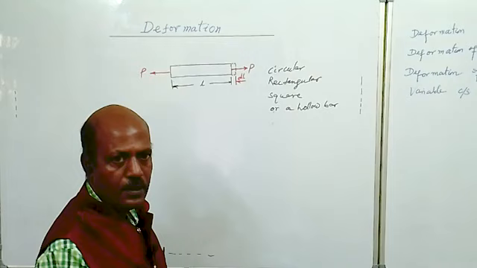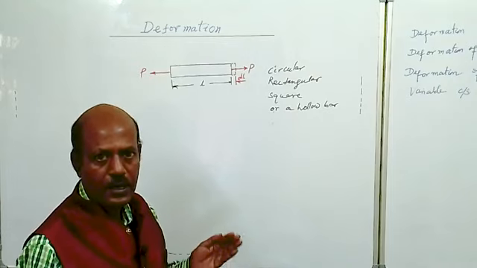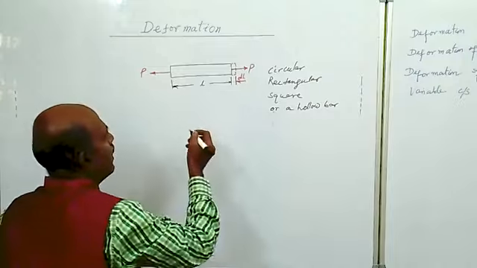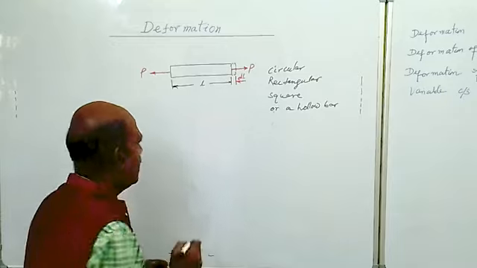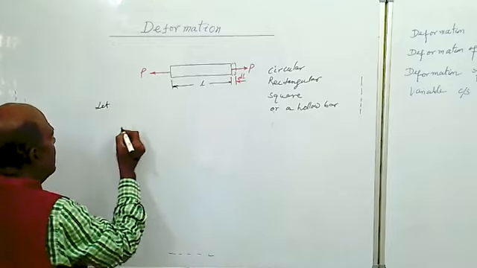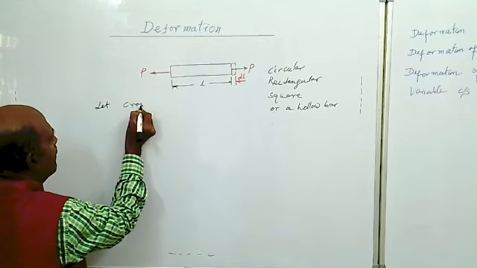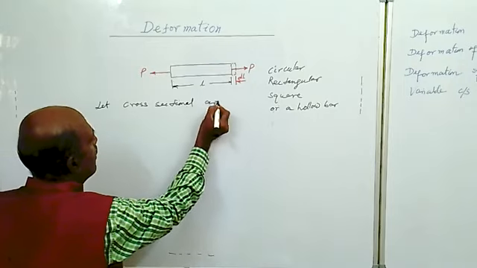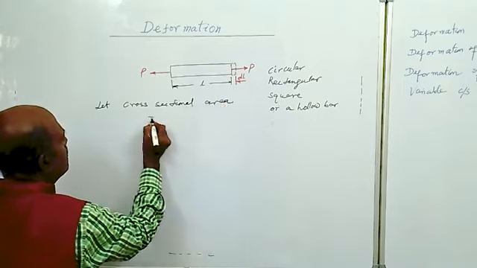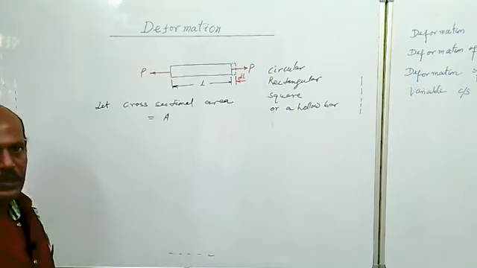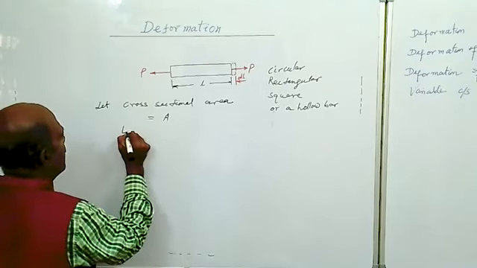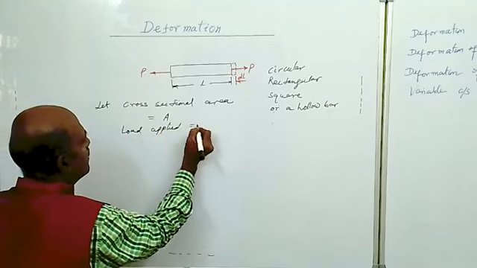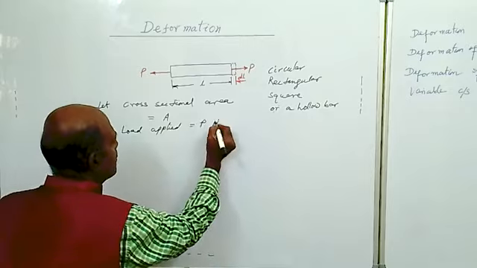So now this is a simple bar. Now what is the magnitude of this dl? That we are going to derive. Now as the bar is under load P, let the cross sectional area of the bar be equal to, say, A. Load applied is P, say it is in Newton.